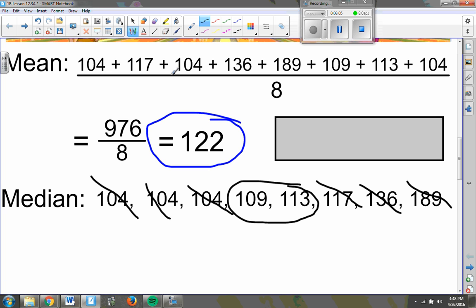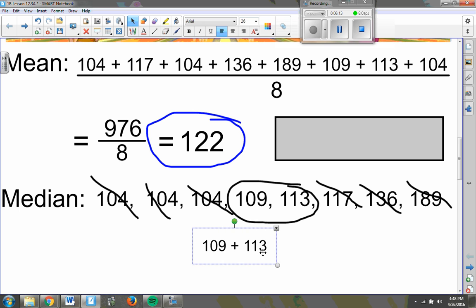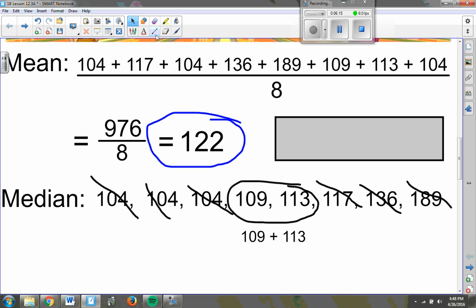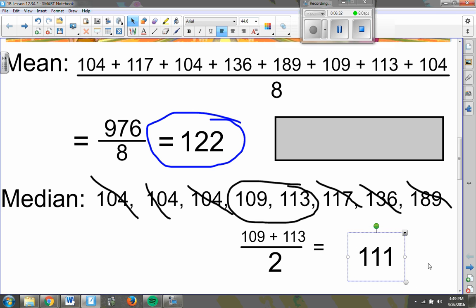In order to find that average, all we have to do is add those together, 109 plus 113, and then divide that by 2. And we get 111. So our median here is 111.